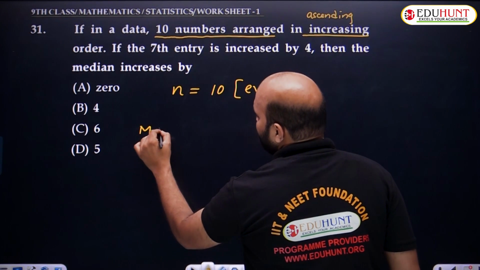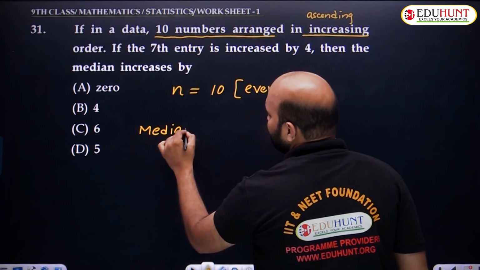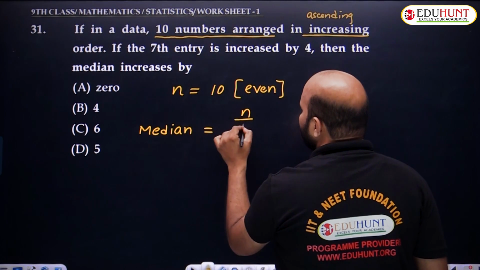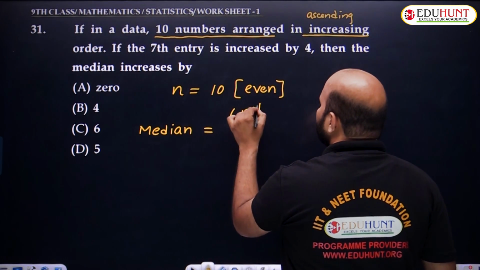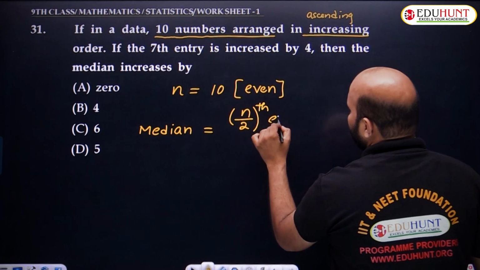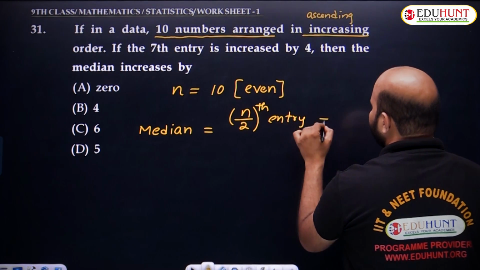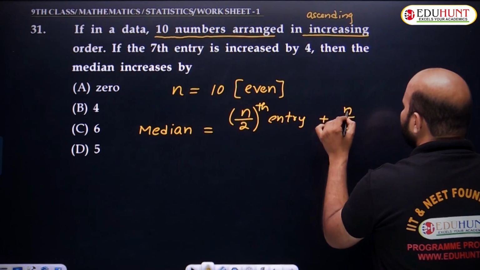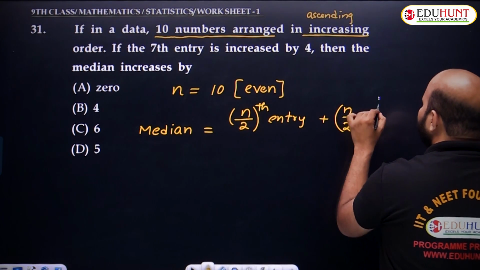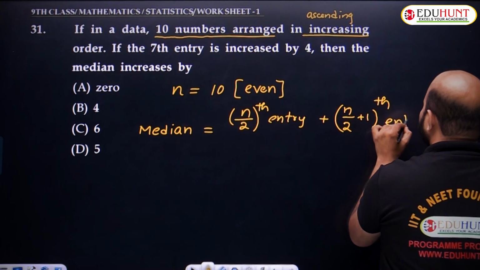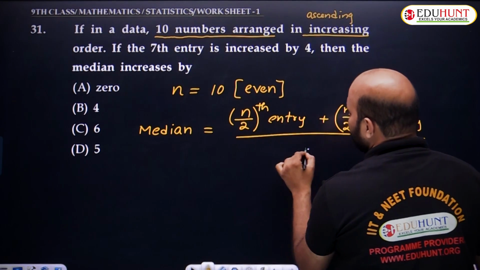When there is an even number of positions, how do we find the median? Median equals the (n by 2)th entry plus the (n by 2 plus 1)th entry, whole by 2. This is the median formula.